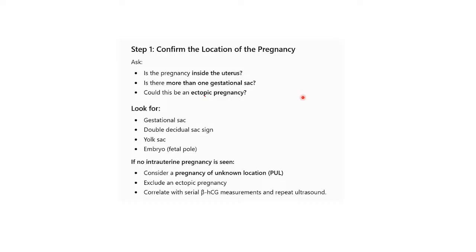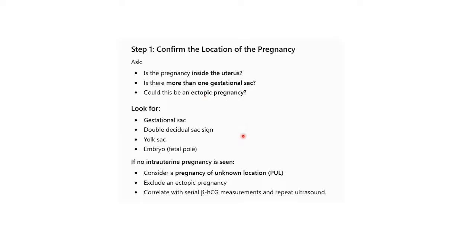You have questions that you need to answer. You don't just hold a probe without having questions that you ought to answer. Could this be an ectopic pregnancy? This is very key. Is it intrauterine or extrauterine? That's very pertinent. So look for the gestational sac itself.